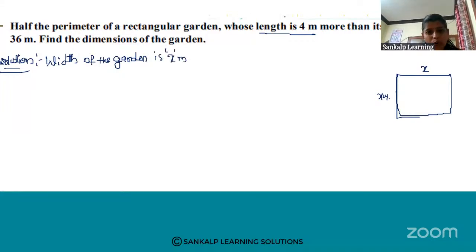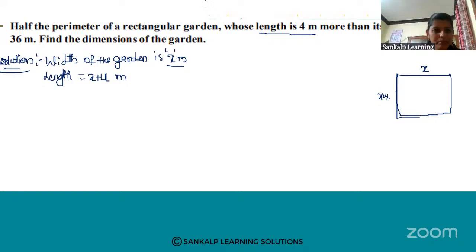Next, whose length is 4 meters more than its width. If the width is x, then the length is x plus 4 meters.